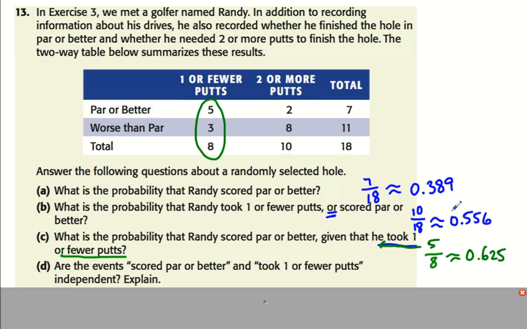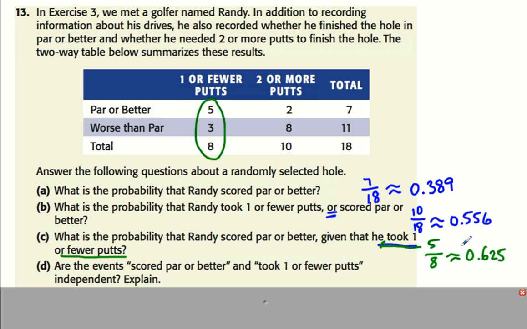Now we reflect. Are the events scored par or better and took one or fewer putts independent? Well, if they are, the probability of him scoring par or better, which was 0.389, should be the same whether or not he gets one or fewer putts.